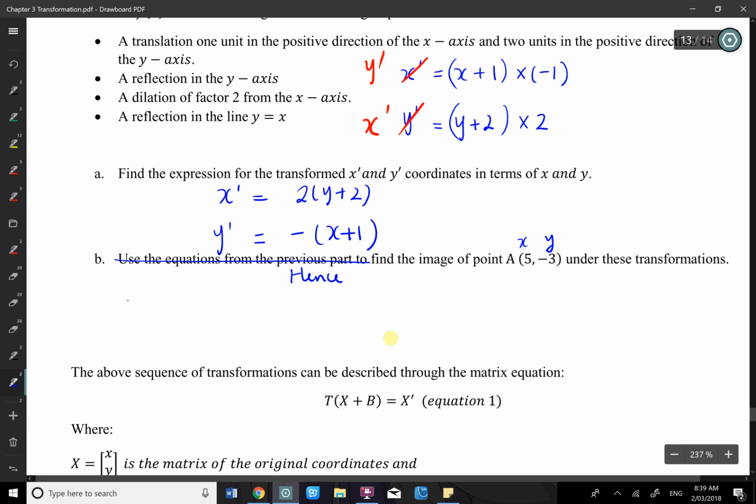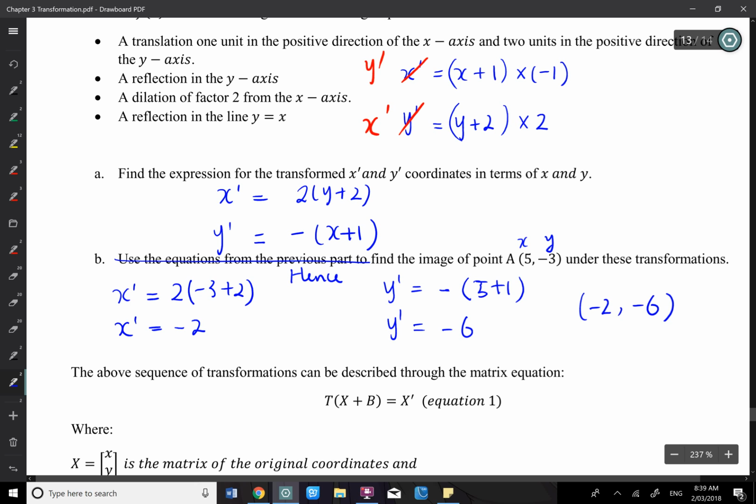So basically, this is a substitution question. x dash is 2 bracket -3 plus 2, and x dash gives you -2. y dash equals minus x plus 1, so y dash equals -6. So the new coordinates will be -2 and -6.